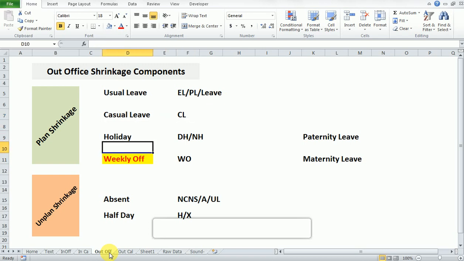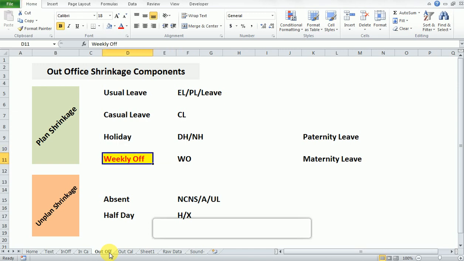Holidays, DH declared holiday, NH national holiday. In every company you may get national holidays like 2 October, 15 August, 26 January. And the week offs. If we have the people, we also have to give them the rest, like the week offs.